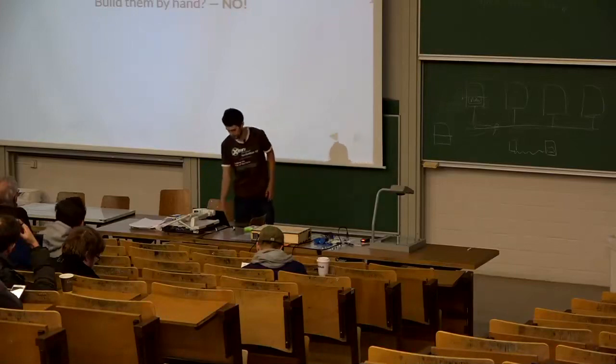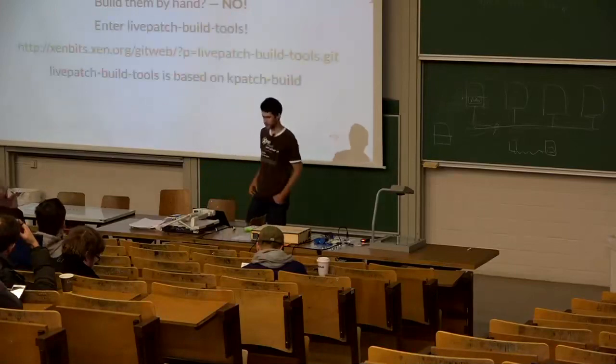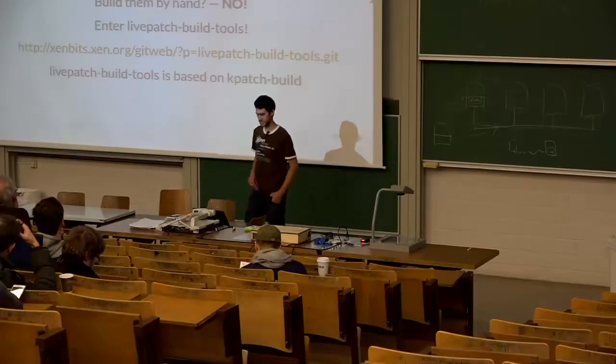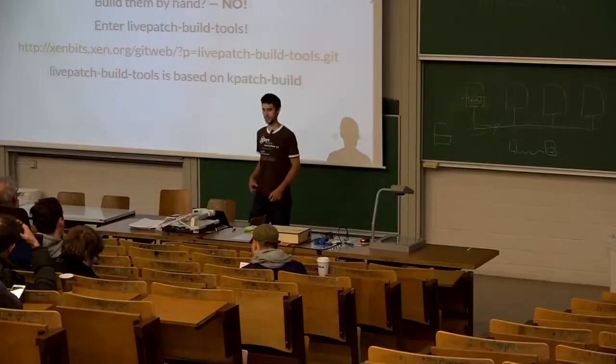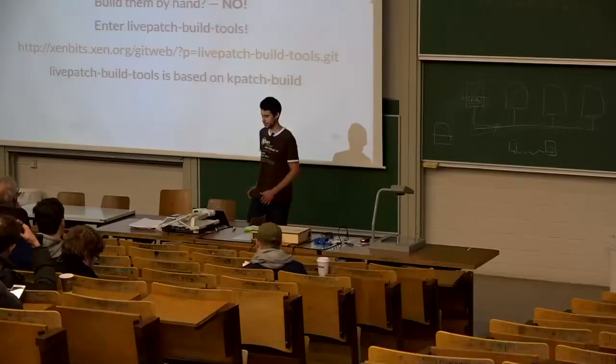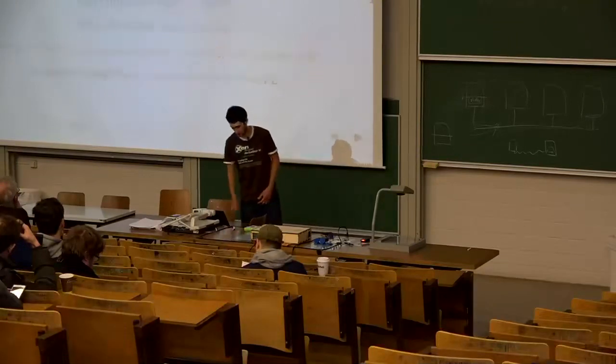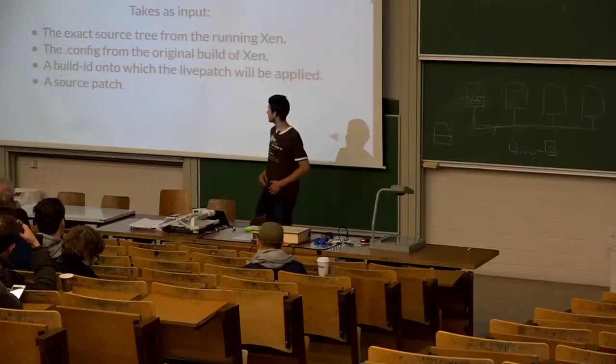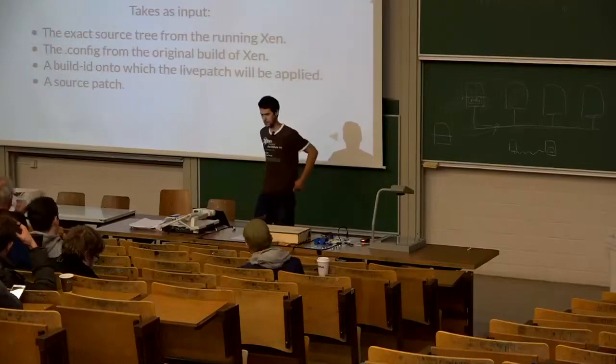So the approach we took is to use the unimaginatively titled livepatch-build-tools. This is based on the kpatch-build tool, which was developed by Red Hat for Linux live patching. This tool's pretty simple to run and pretty quick as well.